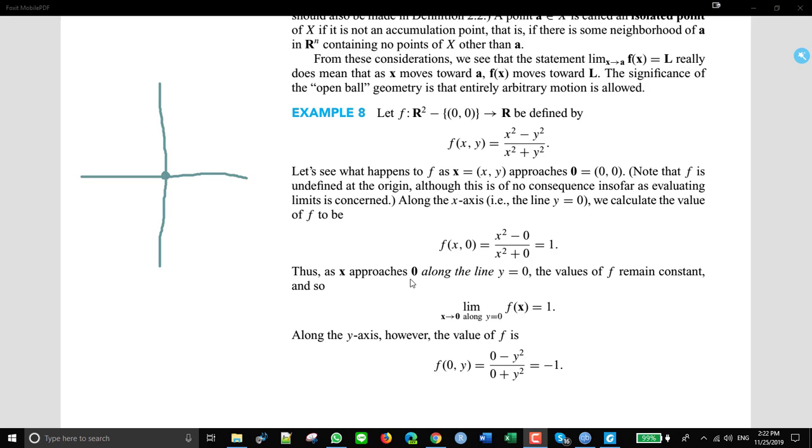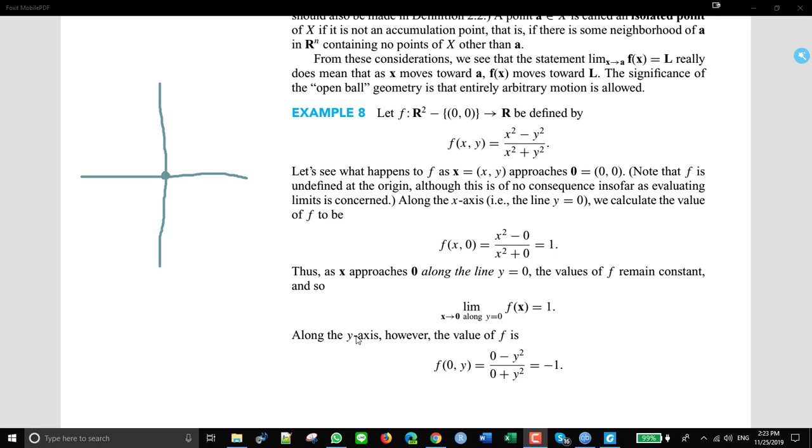Thus, as x approaches 0 along the line y equals 0, the values of f remain constant, and so we can say the limit as x approaches 0 along y equals 0 is just 1, because it's always 1. That means the limit is 1.